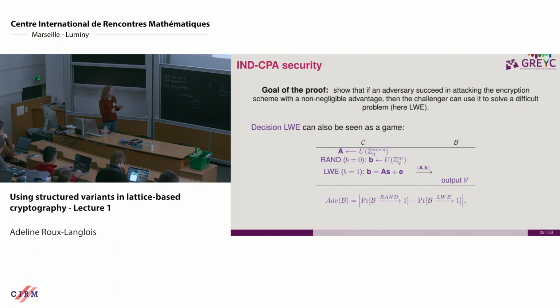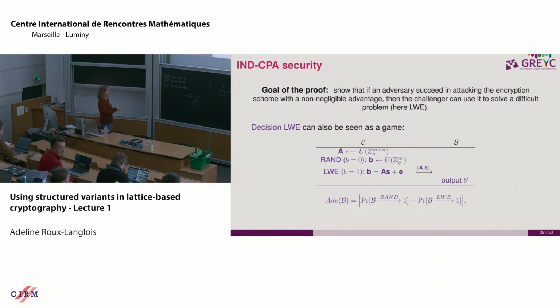So I'll just recall how we can see decision LWE also as a game between a challenger and an adversary. That's why I wrote it here. You sample A, S, E. I just wrote A, but you also have S and E. And you have two cases.